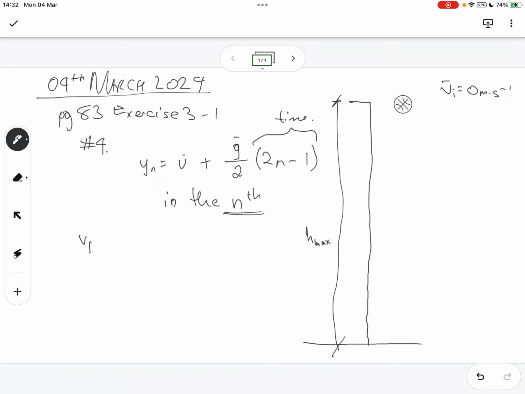These are the only general ones that we can get in an exam. But we'll have to be creative with the information to come up with something that can answer the question. So it's V final equals... Let's not make this so complicated. So first one is that. Second one is V final squared equals V initial squared minus what?